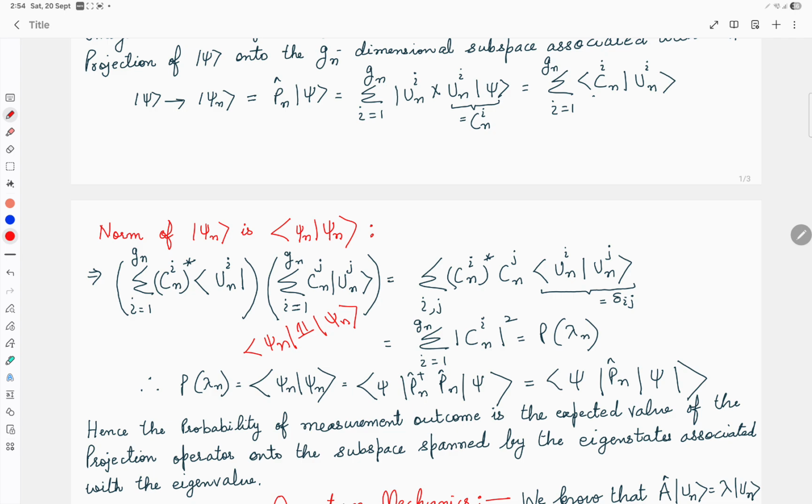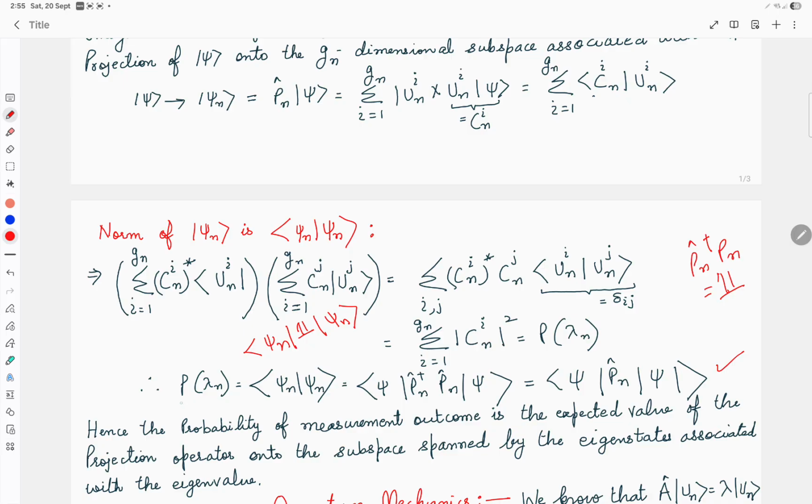We know that the operator adjoint times the operator itself is basically identity, so we can replace this identity with the adjoint of the projection operator multiplied by the projection operator. And since projection operators are also idempotent, that means the square of the projection operator is equal to the projection operator itself, we are able to obtain this equation.